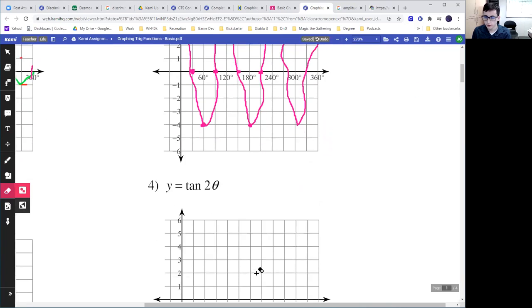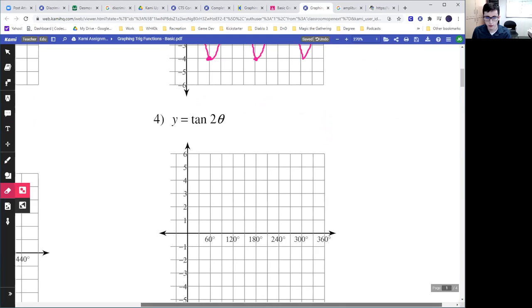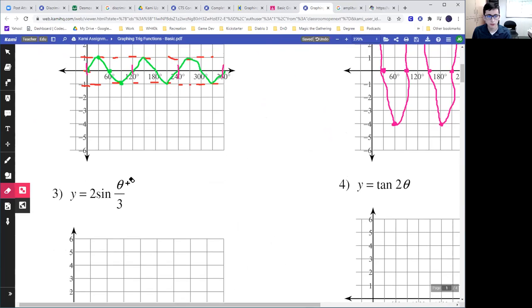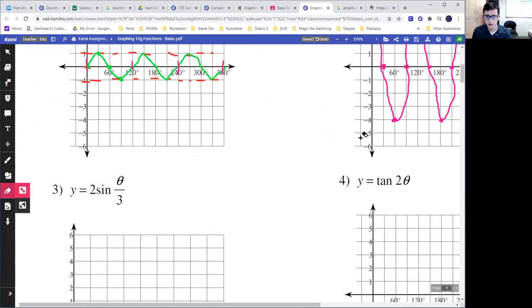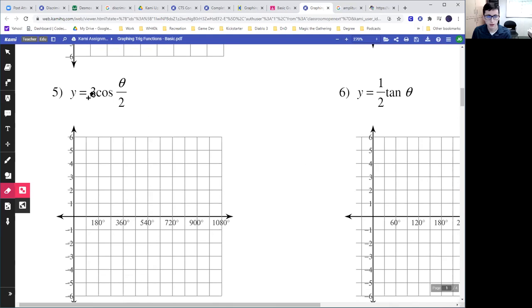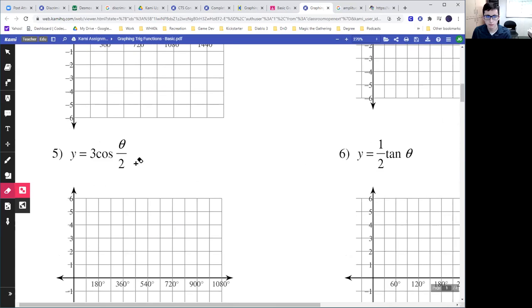So here's what I would like for you to do for tomorrow. I would like for you to complete these as best you can. The tangent ones we haven't really gone into, so I'm not expecting these tan ones, but at least the cosine and the sine ones you can complete.